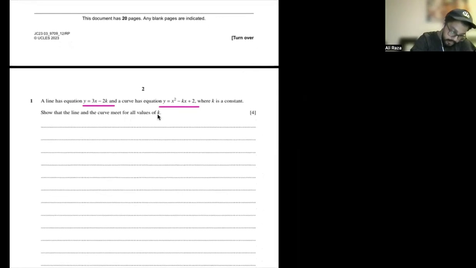So the first thing we'll do is equate these two equations. And then we'll bring all the like terms together on one side.